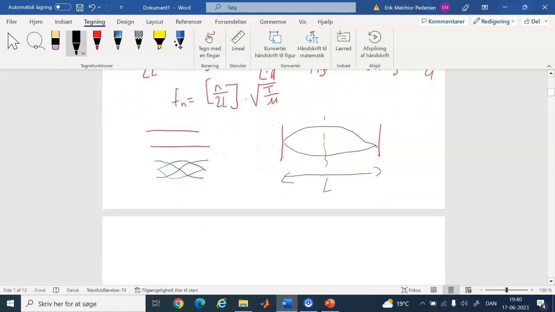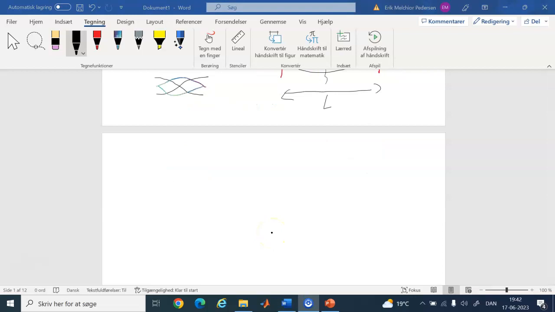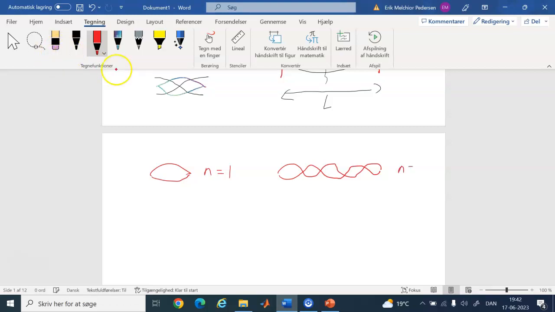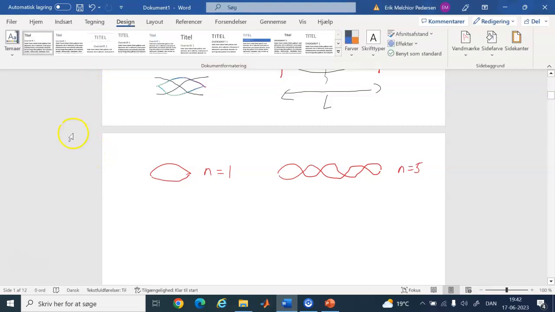For the string we can have all the frequencies like here: n is 1, and then like this. There should be n equal to 5 here.